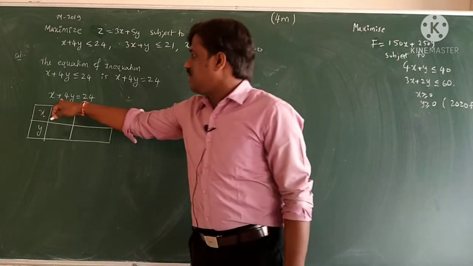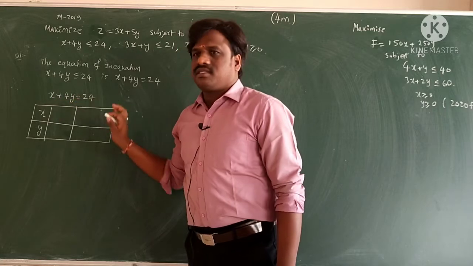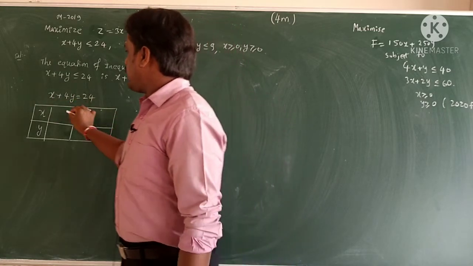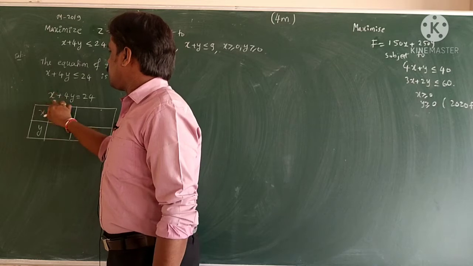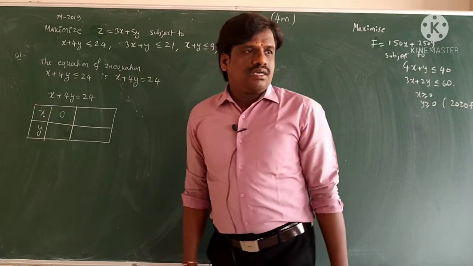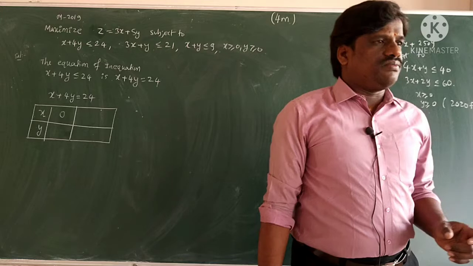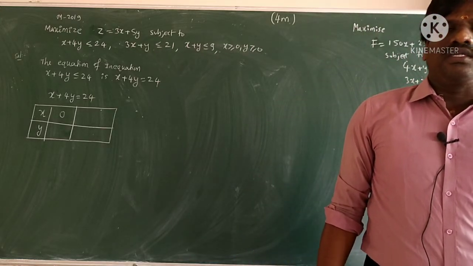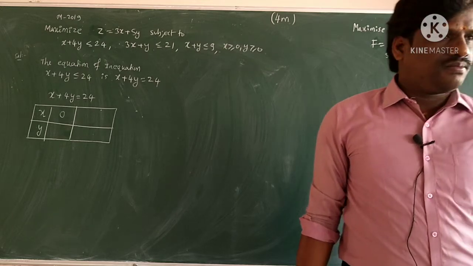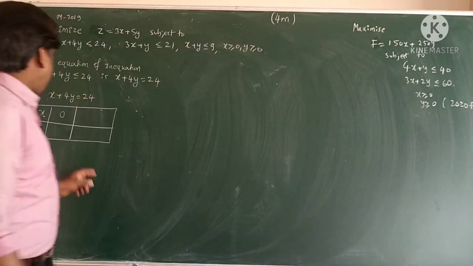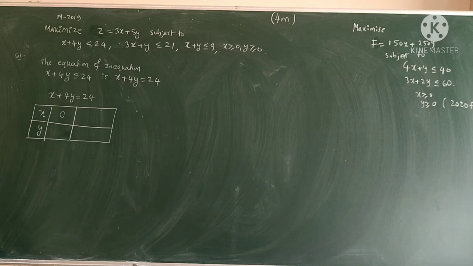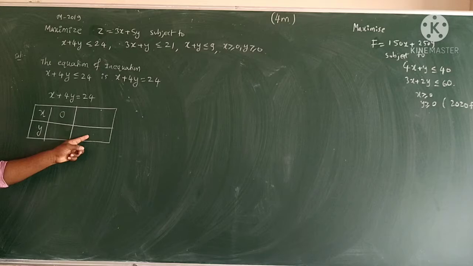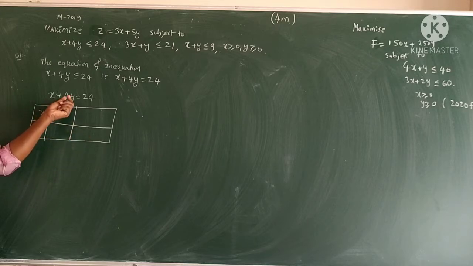If I keep x 0, then 4y is equal to 24, so y is equal to 24 by 4, which is 6. Now I kept x 0, then I go for y 0. If I keep y 0, then x will be 24.